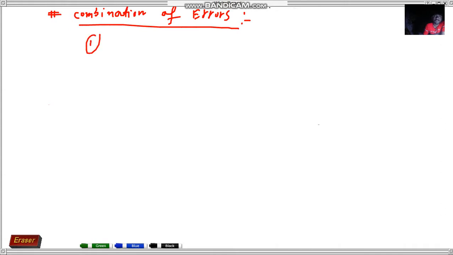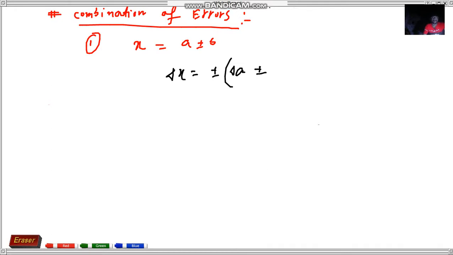First, we will discuss the addition, that is x is equal to a plus minus b, and here the maximum error will be delta x, that will be plus minus, sorry, this will always be plus. This is the maximum error, so it will be delta a plus delta b.